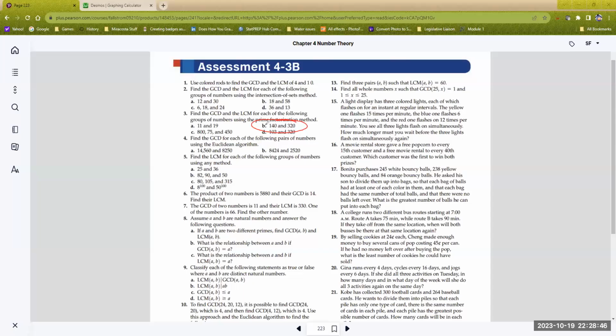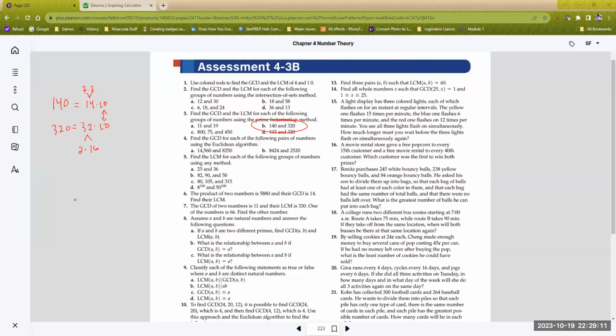So if I had to do 140 and 320, maybe I would say, well, I know 140 and I know 320. And I know that's 32 times 10. So notice I'm not jumping to the prime factorization right off the bat. It's okay to find factors that just match up perfectly. Now 14 is much easier because it's much smaller. That's a 7 times 2. And down here, this is a 2 times 16.